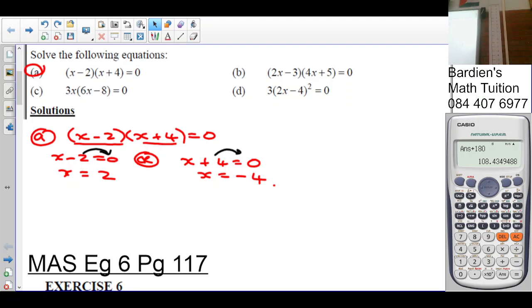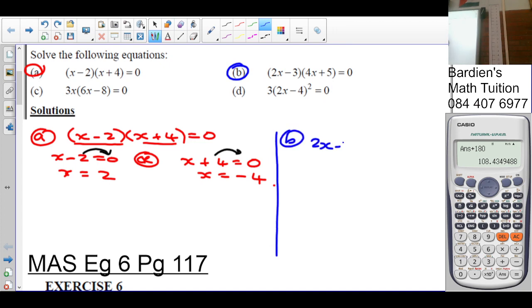Right, people, let's look at B. B says, again, solve the following equations. So you've got 2x minus 3 times 4x plus 5 equals 0.